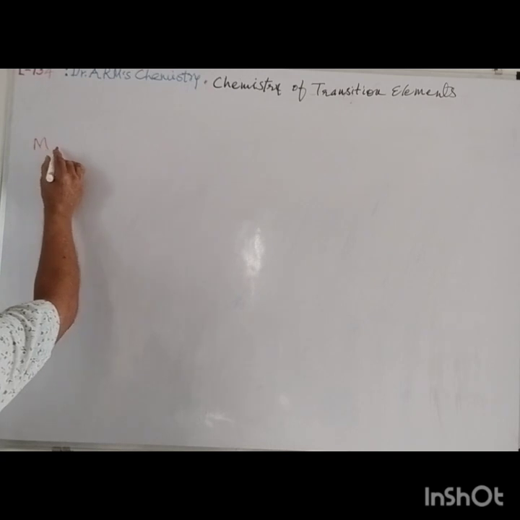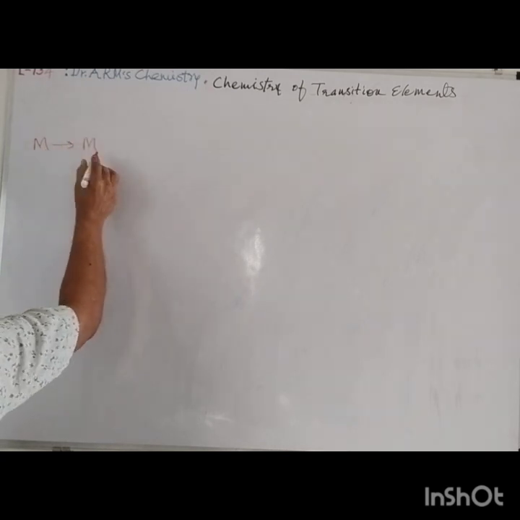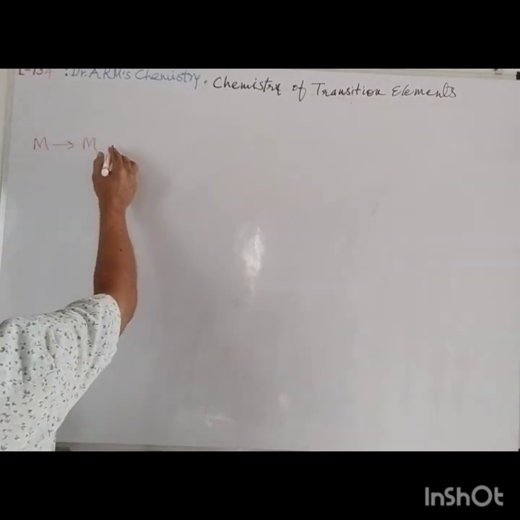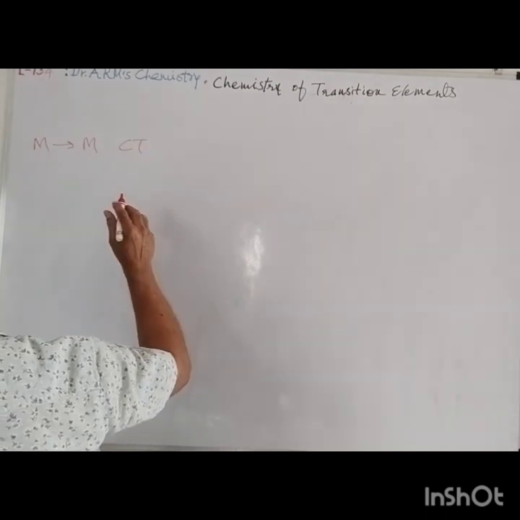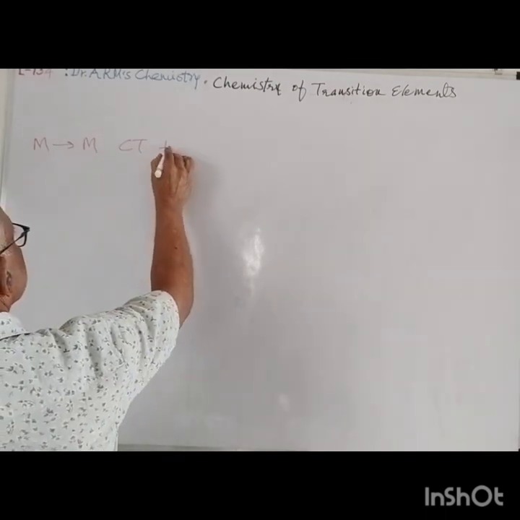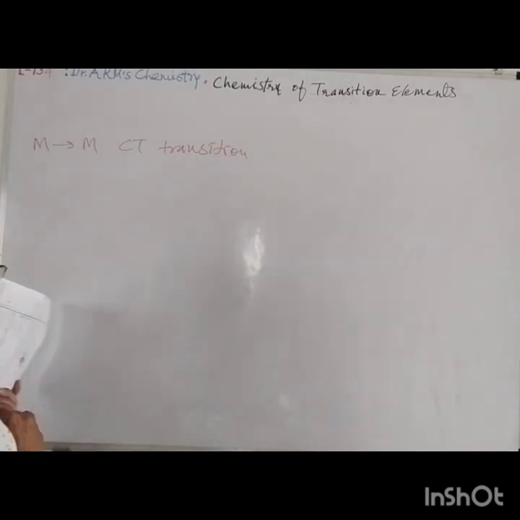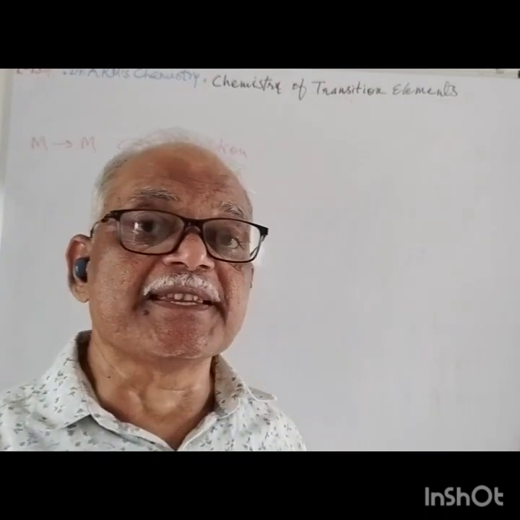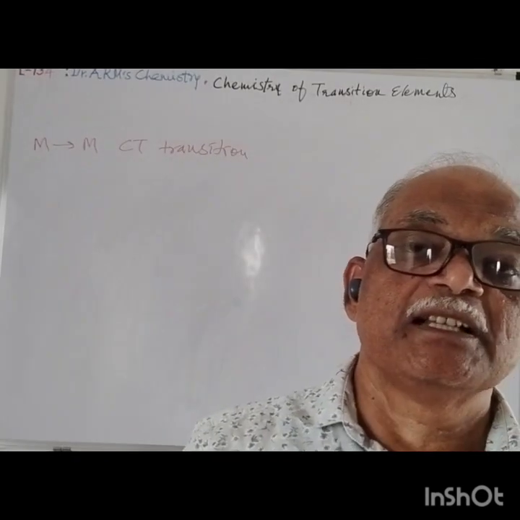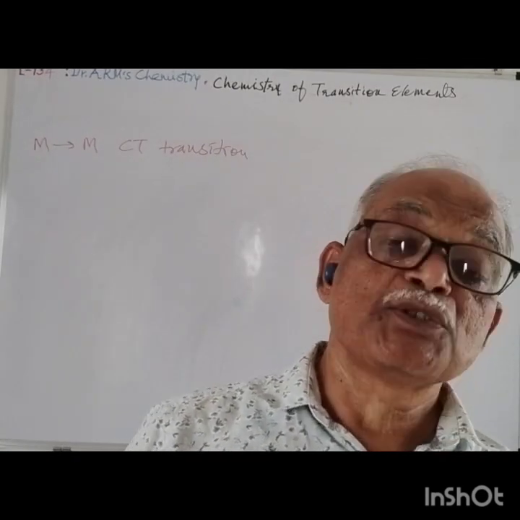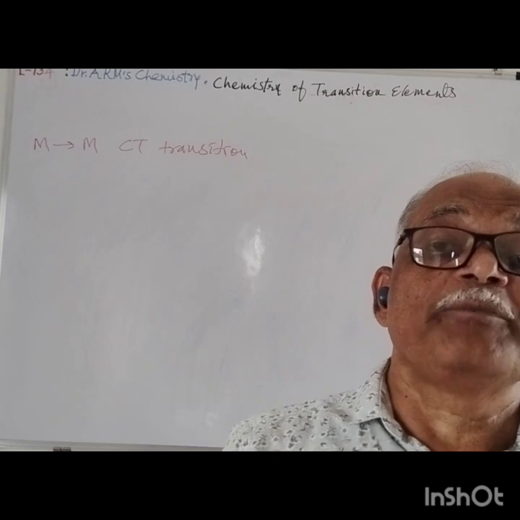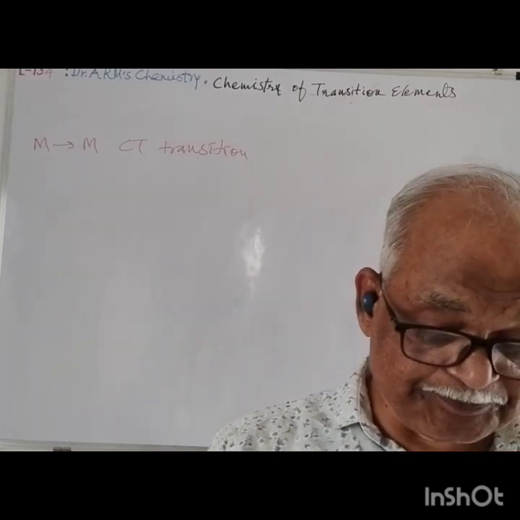Now the third point is metal to metal charge transfer transition. In this case, the examples contain two metal ions of the same or different type.